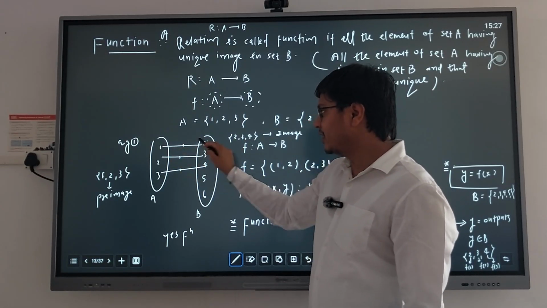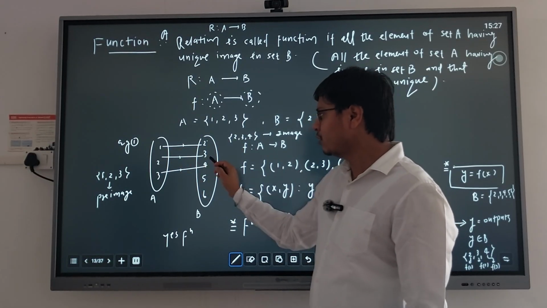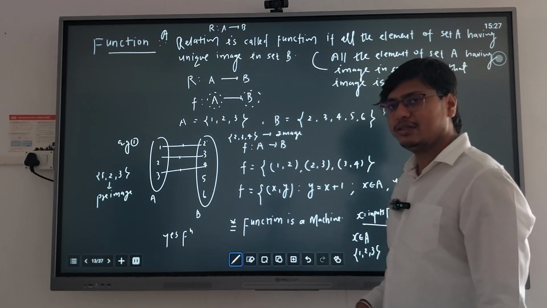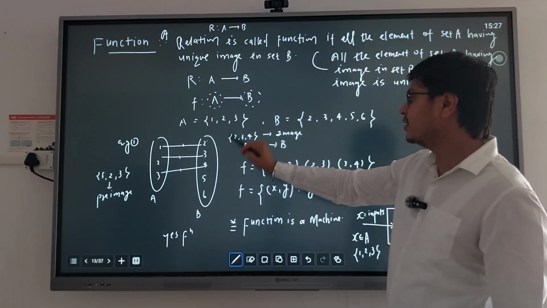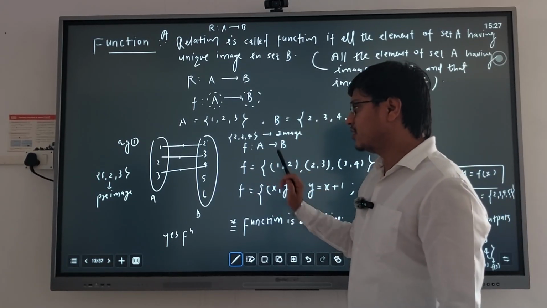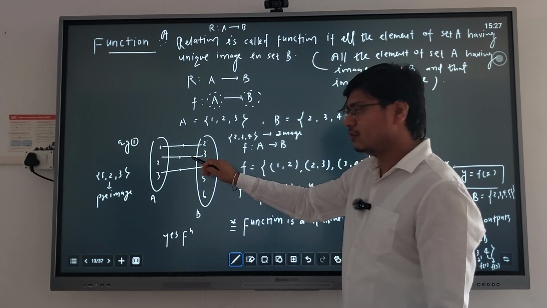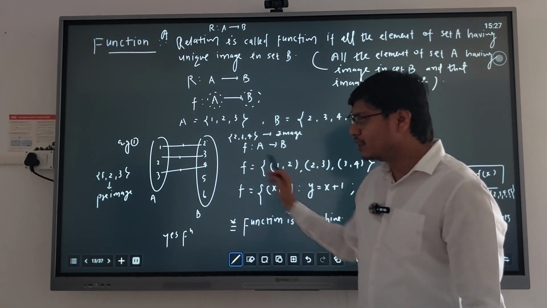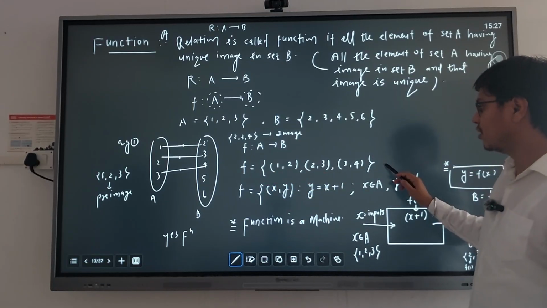So 1 has image 2, 2 has 3 and 3 has 4. They are uniquely associated, that's why it is called a function. So we can write the function as (1, 2), (2, 3) and (3, 4). So this is called the function.